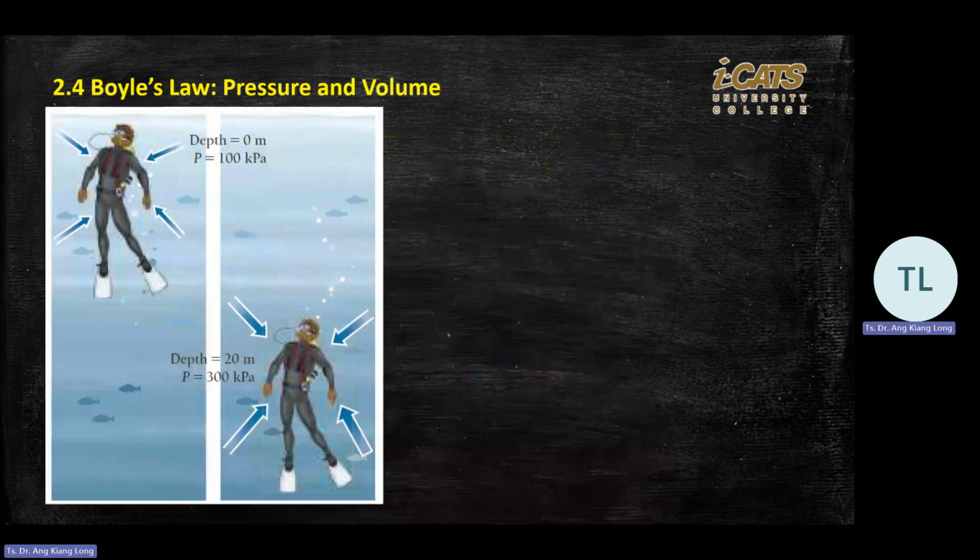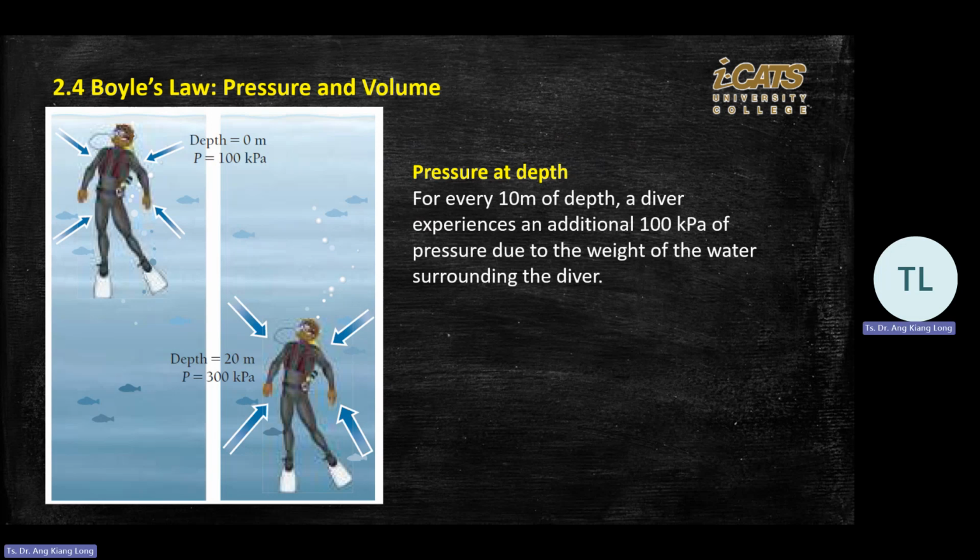This is the application for divers. At the surface, sea level, the pressure pressing on your body is 100 kilopascal. If you drop to 20 meters, the pressure will be 300 kilopascal. This one is below sea level. Above sea level is a different thing.